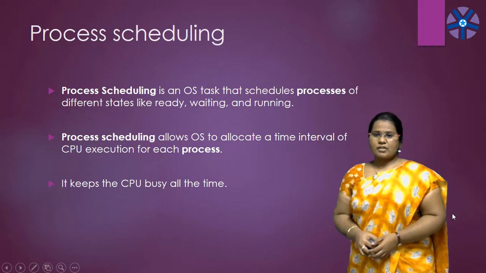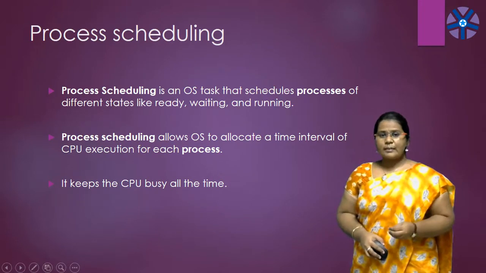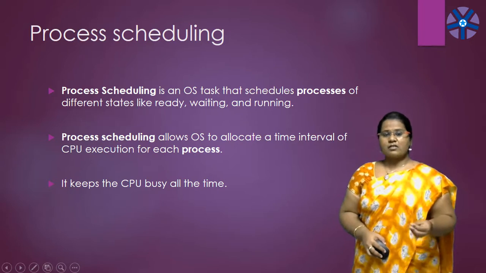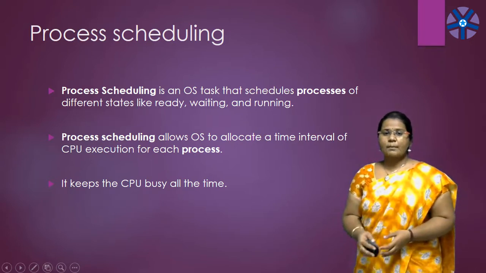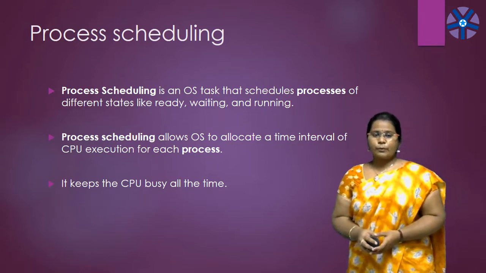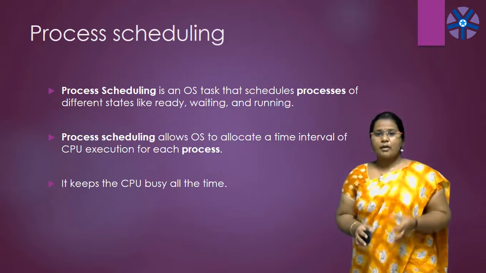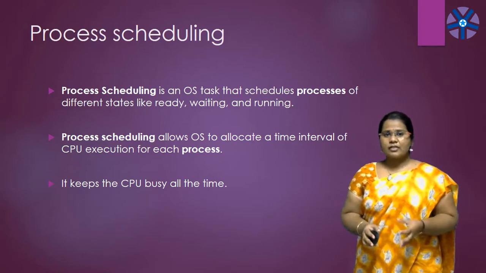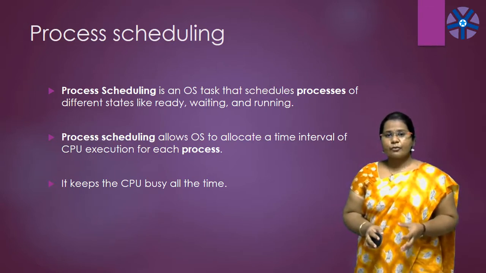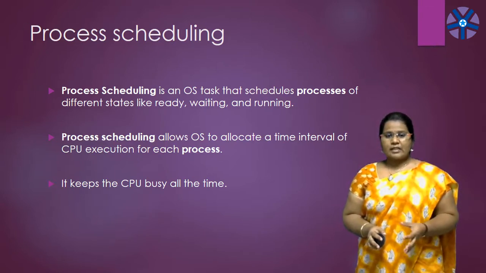Now coming to process scheduling. In a multi-programming environment, in order to allocate the multiple processes that appear to the CPU, the operating system has to check and decide which process is to be allocated to the CPU for execution.